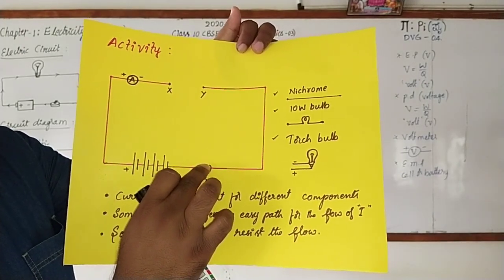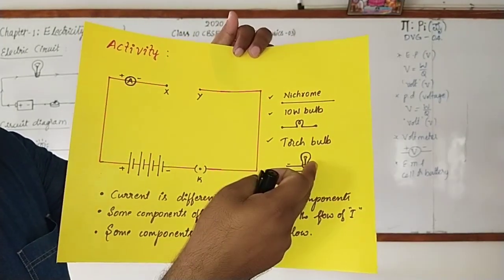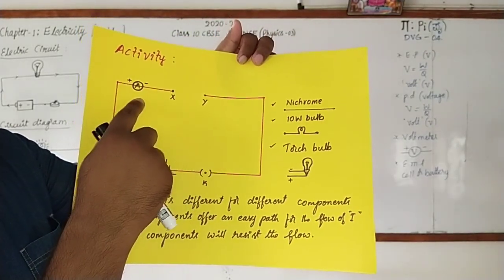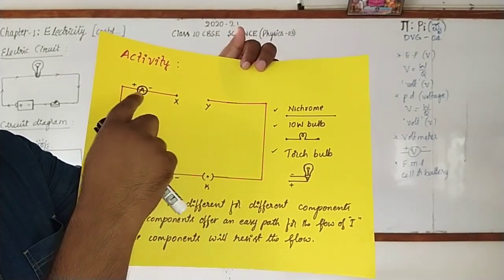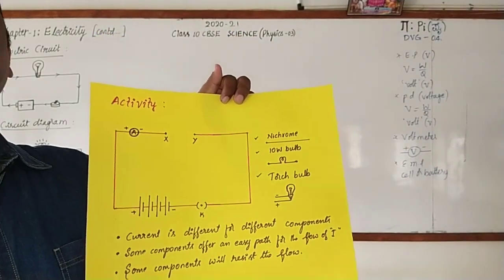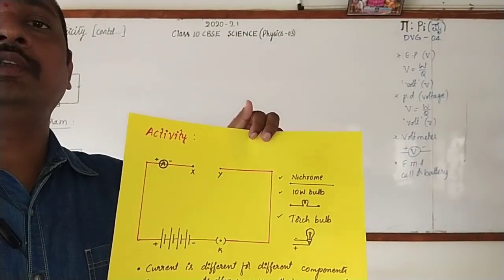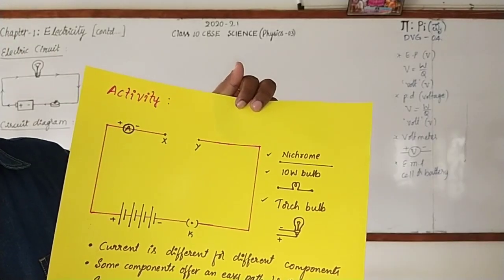Similarly, after that you switch it off by pressing the key, then remove it and place another device. It is a bulb and a torch, and record the amount of current flowing in these electrical components using the ammeter. You will come to know that different amounts of electric current flow through the different electrical components.